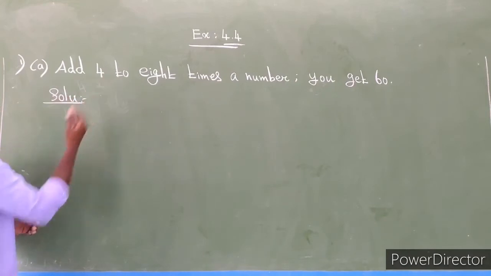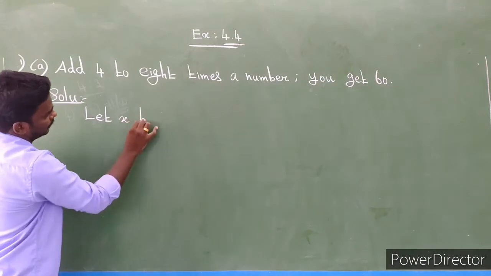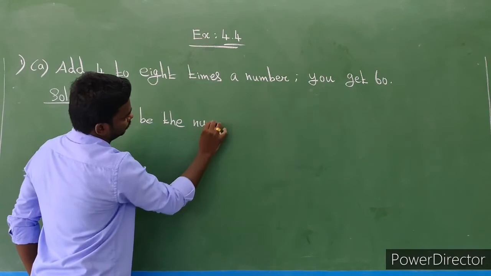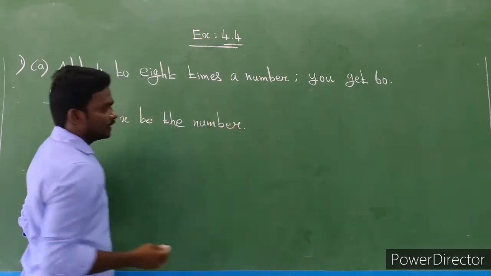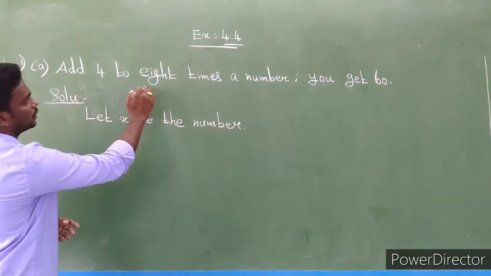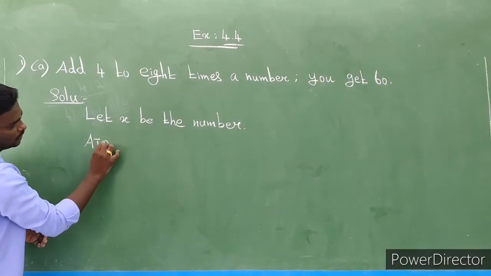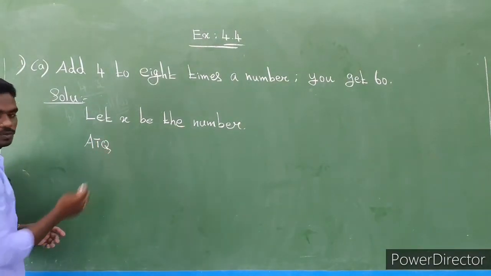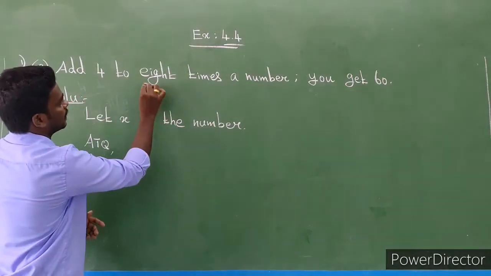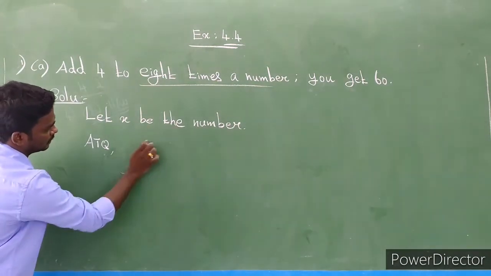So, the solution. How to solve this? Let x be the number. That means let x be the unknown number. According to the question, add 4 to 8 times a number. 8 times a number means 8 multiplied by x.